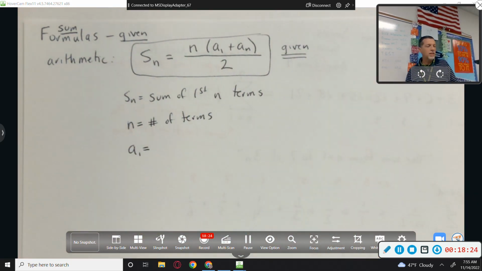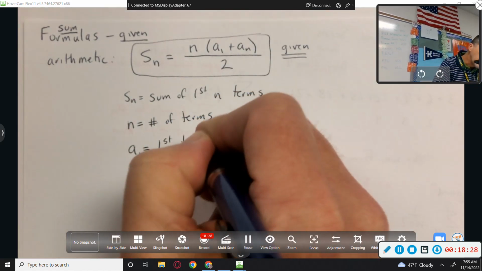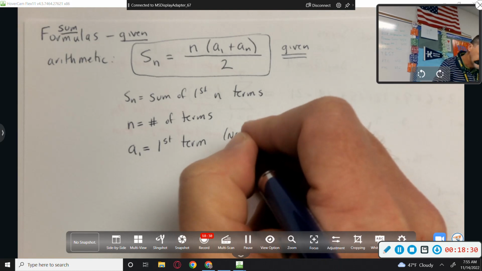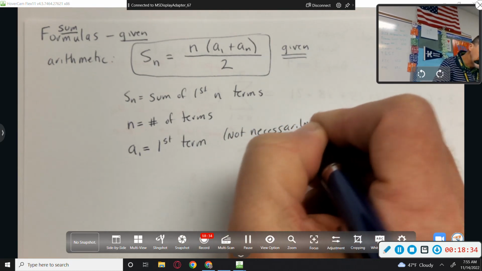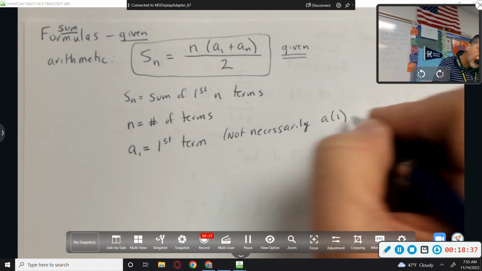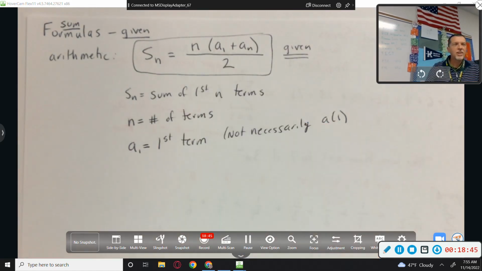A1 we have to be a little bit careful about. It's the first term, not necessarily A of 1. Right? Because if you start with 2, then A2 is the first term, and you'd have to use A2 there. Does that make sense?